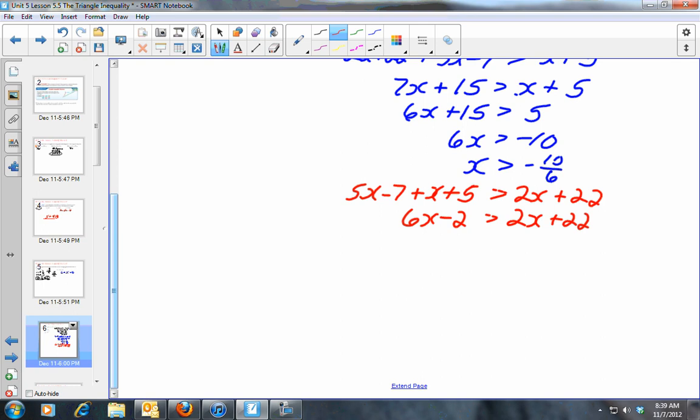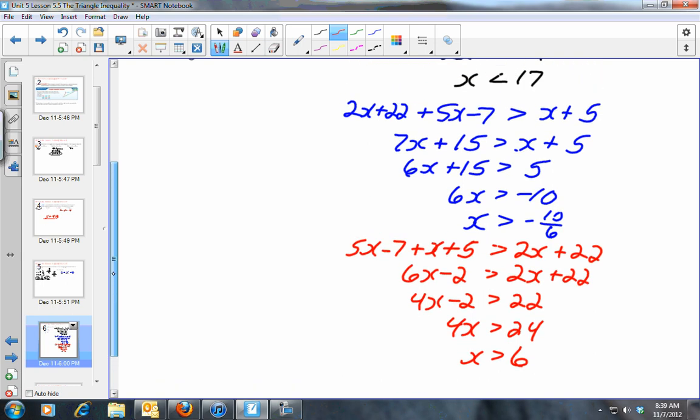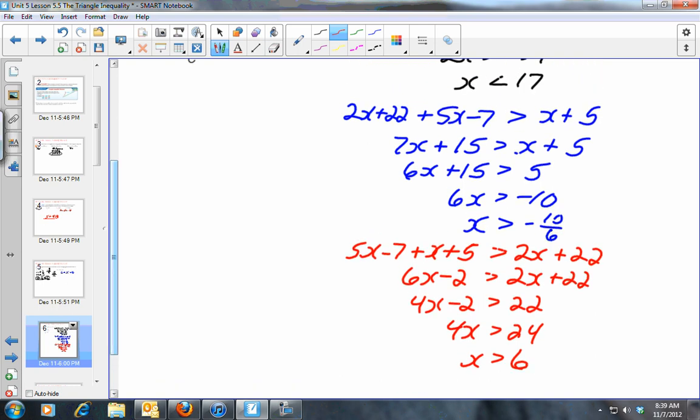Subtract 2x from both sides. 4x minus 2 is greater than 22. Add 2 to both sides. 4x is greater than 24. Divide both sides by 4, and x is greater than 6. Does that tell us something we didn't know? That tells us something we didn't know.